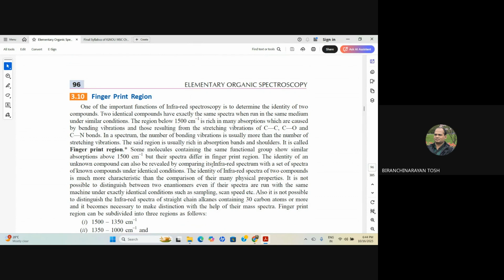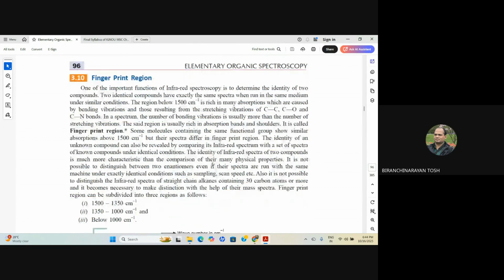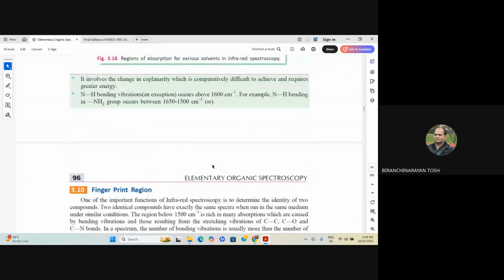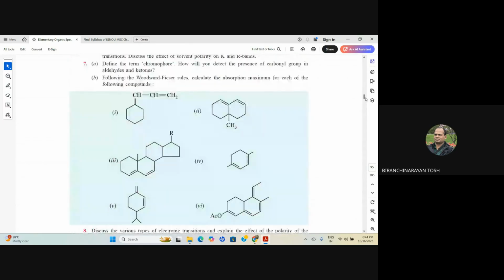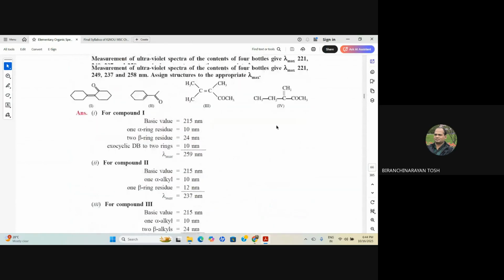The peak position will change. Obviously it will change. We'll move to that one where we are.